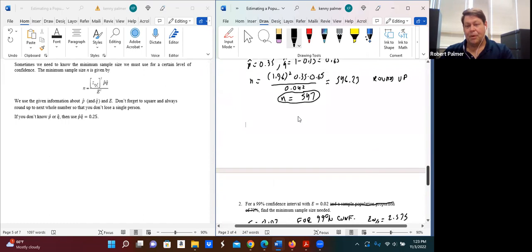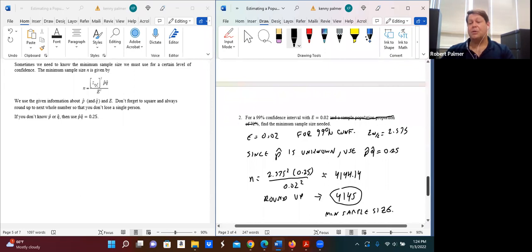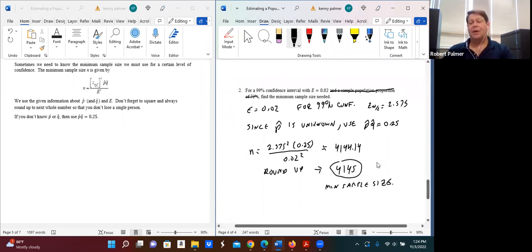So both of these are minimums. If you can go to a larger sample, that's good, but that's the minimum you'll need for those conditions. Now, on this one, if we had a good idea of what we expect P to be, we could have had a larger or smaller sample size. We could do better, but since we don't, this is our minimum.